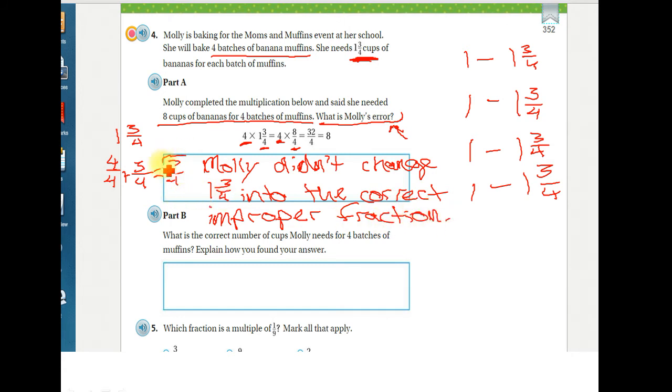And we know that because we know the correct improper fraction should be 7/4, not 8/4.